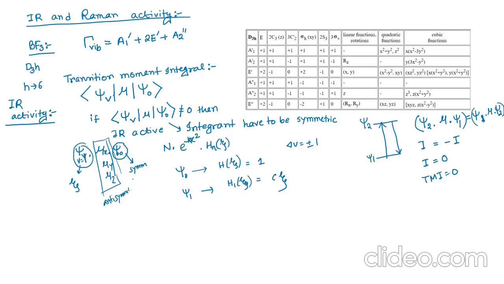So it is antisymmetric, then your psi, the wave function of the excited state, has to be antisymmetric for these particular conditions, and then it will be IR active.